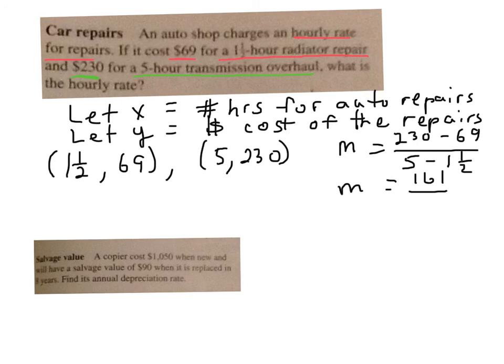So 3.5 is 7/2. That means m equals 161 divided by 7/2, so times 2/7. And let me calculate that real quick.